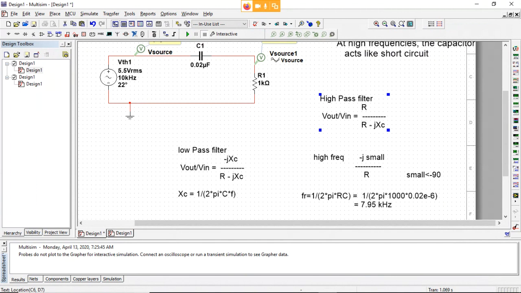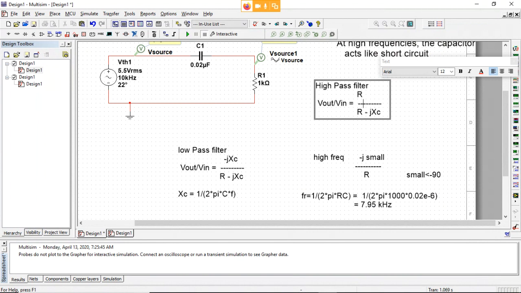At low frequencies, X of C is much, much bigger than R. At low frequencies, the capacitor is acting like a short.